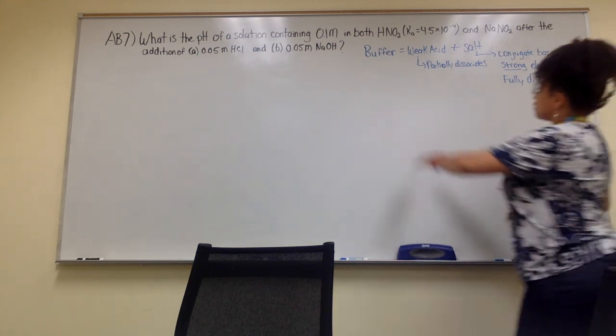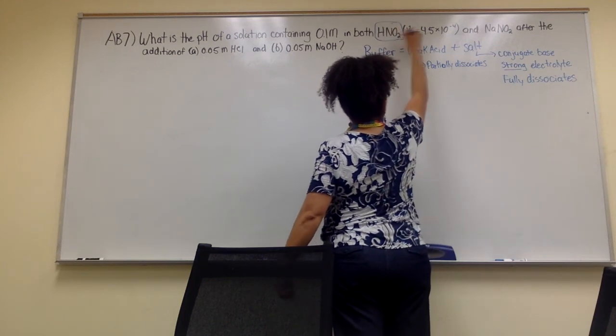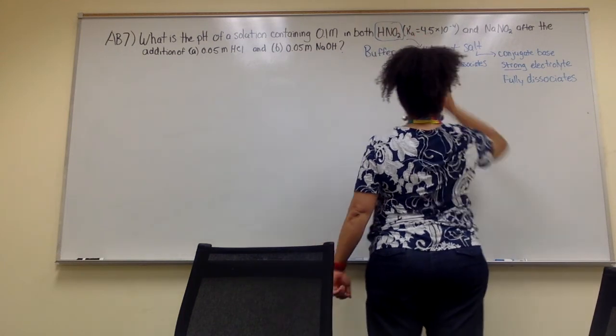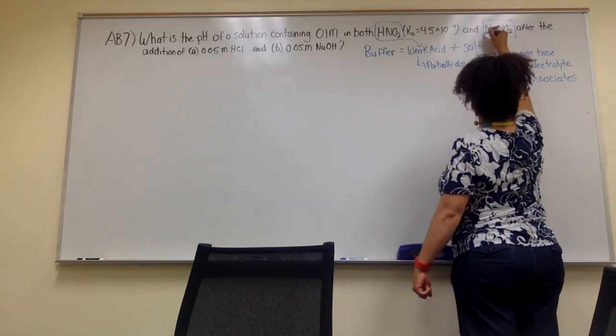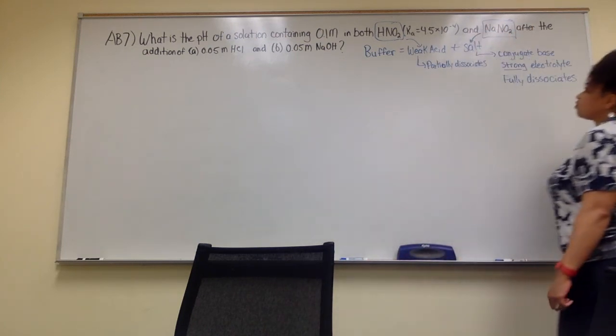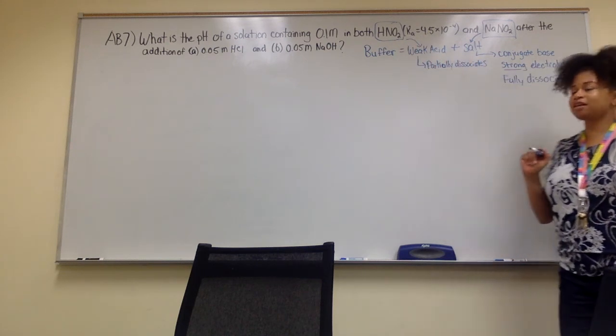So here, for a buffer, we have a weak acid and we have a salt. The weak acid has the anion plus the proton on there.